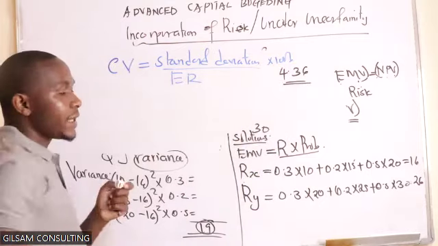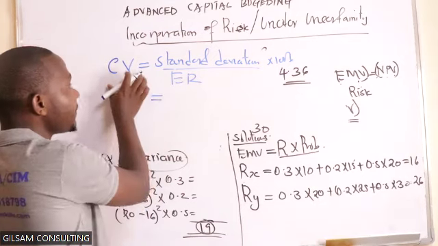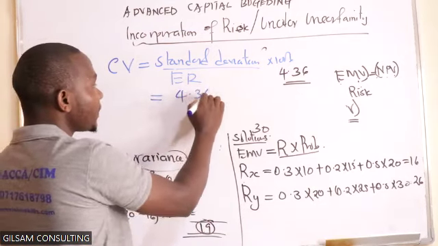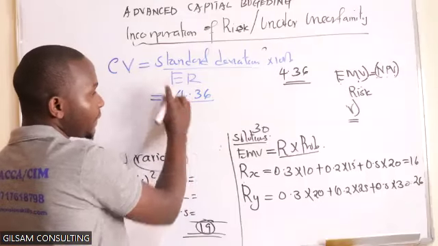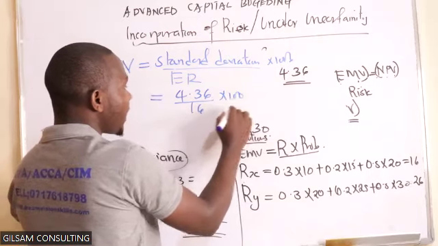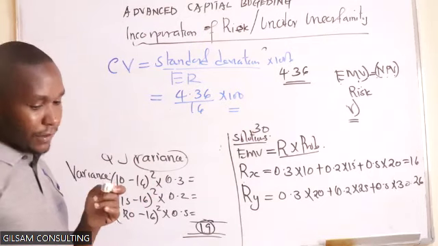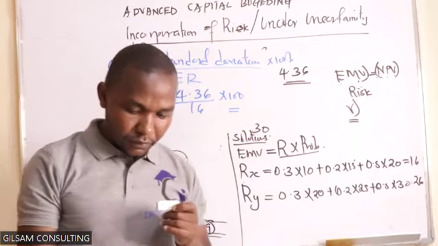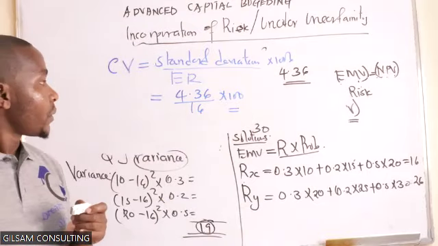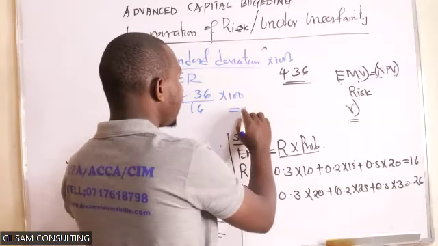In our case, the CV for X has standard deviation 4.36, divided by expected return 16, times 100. So what will be our CV? It is 27.25.